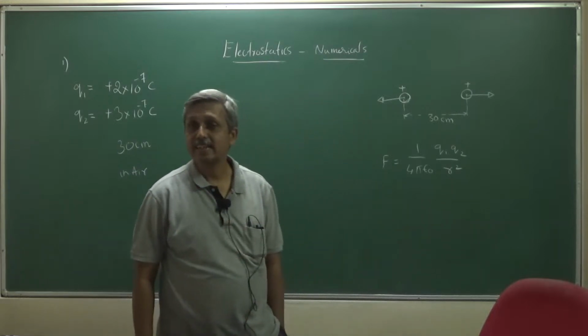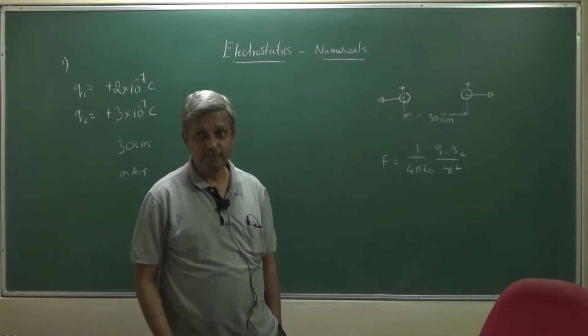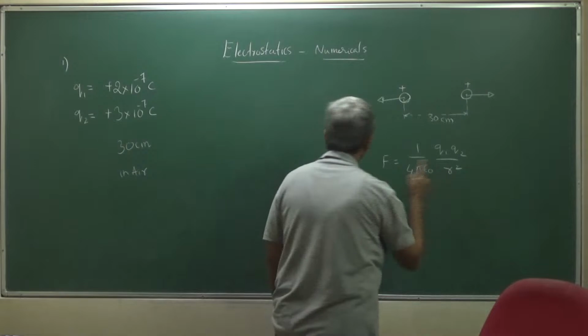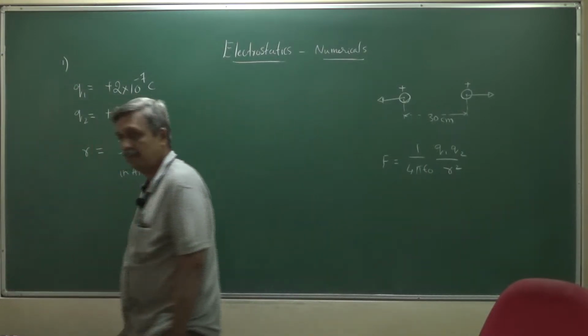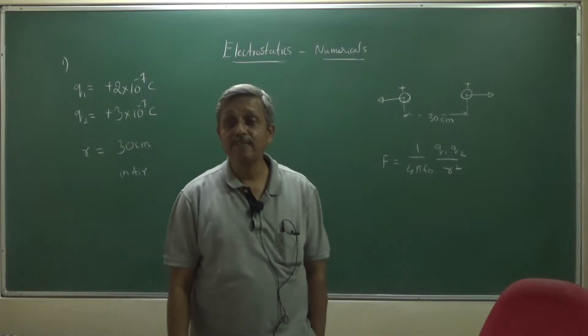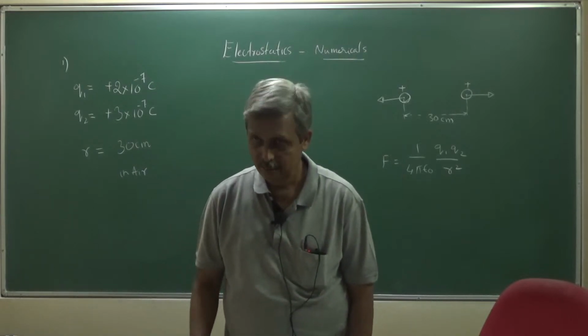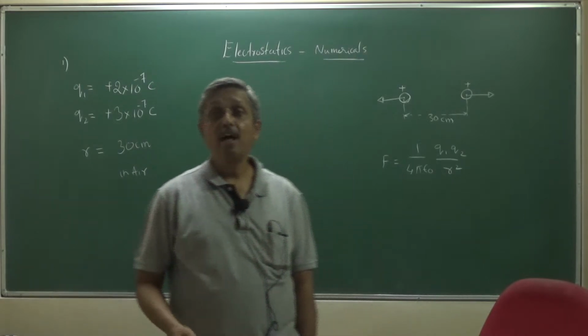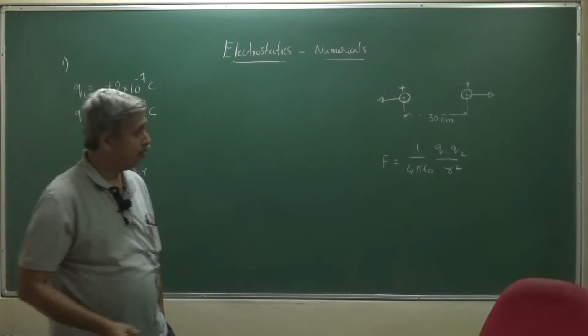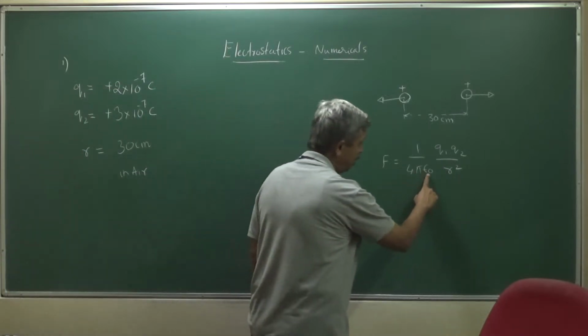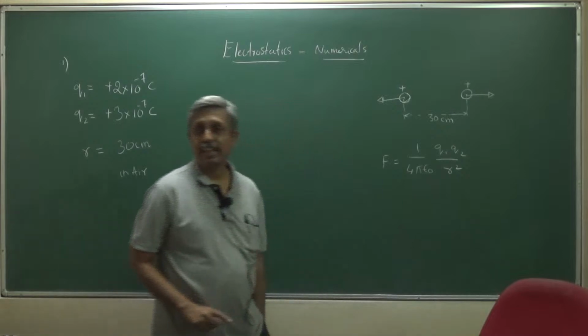R is the distance between them, the distance between their centers, and that is also given as 30. R is equal to 30. And why do we care whether it is in air or not? Because if it is in some other medium, then along with epsilon naught, we have to use the dielectric constant K.